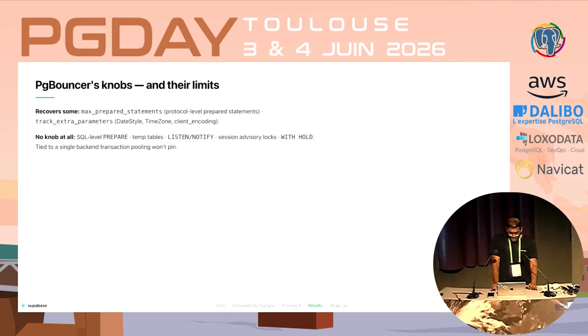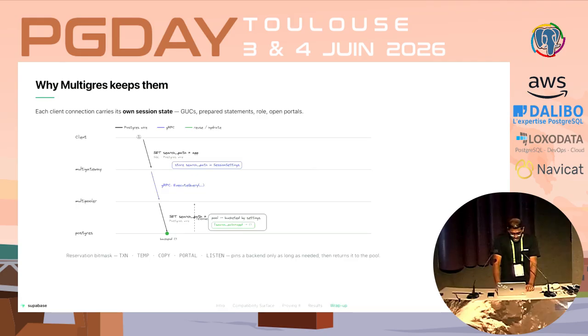So if your application happens to stay inside that envelope of transaction pooling, then it is perfectly good and a really good choice. But if it strays outside, then those features will probably silently stop working or just misbehave. Right? So what we do in Multigres to keep them all: the core idea is that every client connection carries its own session state with it.